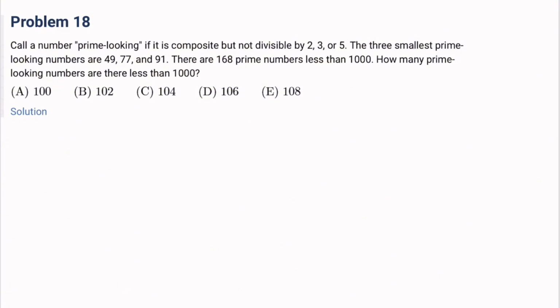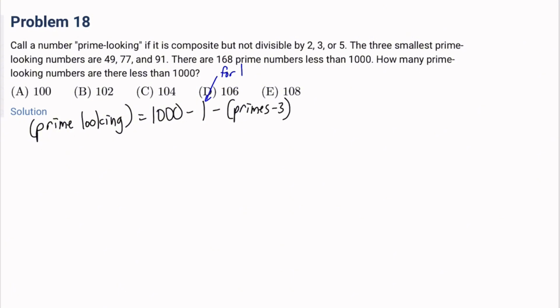Okay, so since we have 1,000 total values, but then we have 168 prime numbers less than 1,000, our prime-looking numbers will be equal to 1,000 minus 1, and this is just for the value of 1 itself, because 1 is neither prime nor composite. And then we're going to have to take away the number of primes, but with 3 subtracted from them, because 2, 3, and 5 are going to be included later.